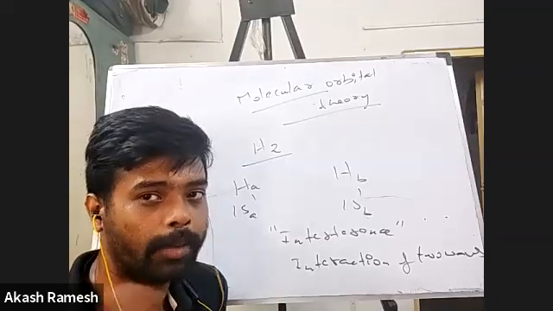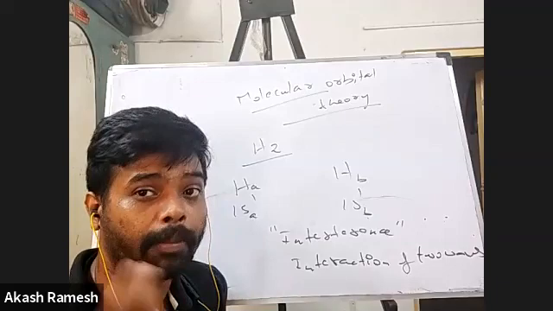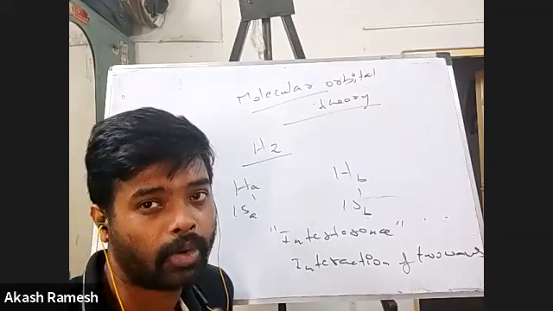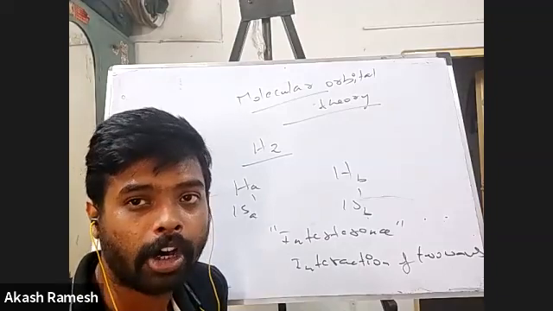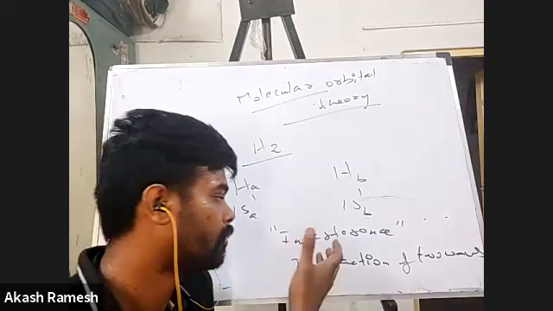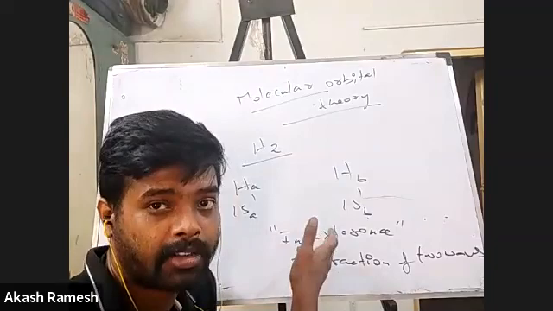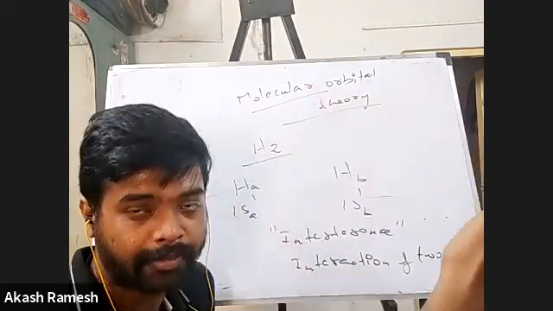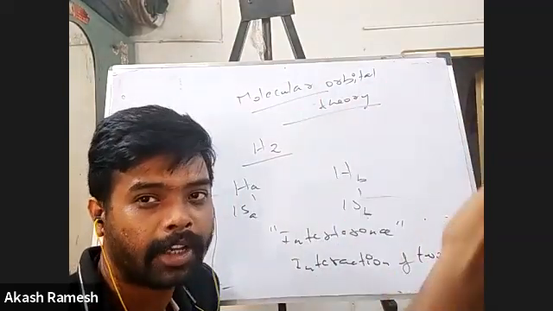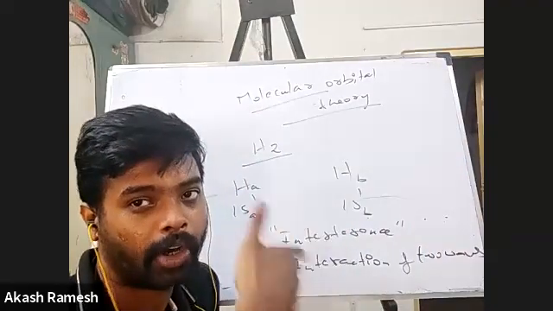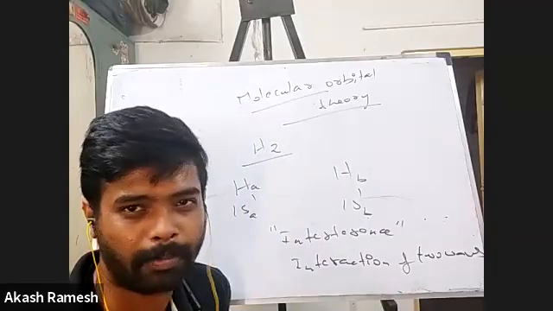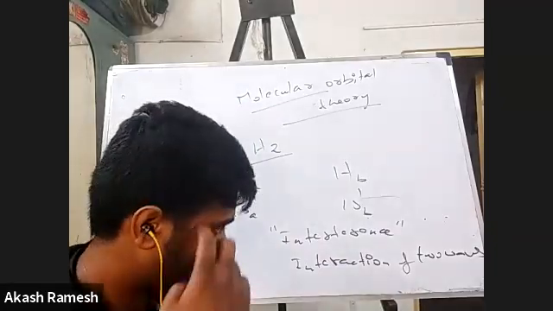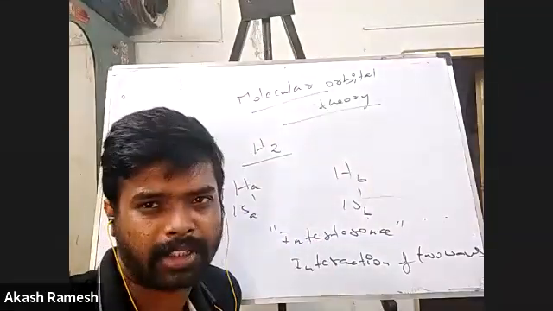So in a nutshell, the pure atomic orbitals will have their own waves, or say wave functions. These waves will undergo interference to form another wave, and obviously that wave will correspond to one more orbital called a molecular orbital. That's very simple, right?